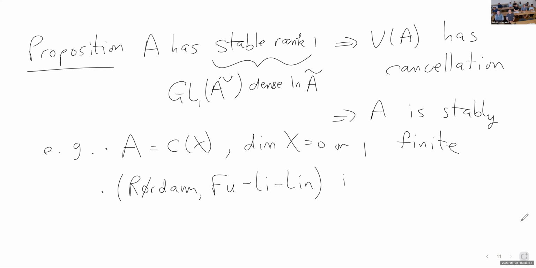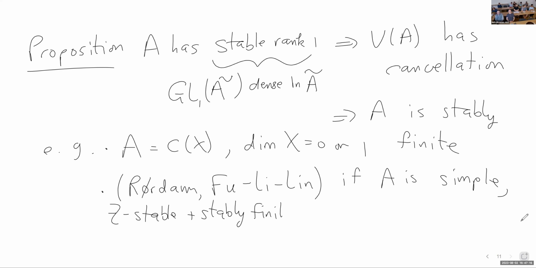So if A is simple, Z-stable, and stably finite, then stable rank of A equals 1.